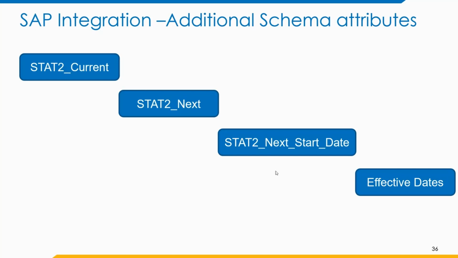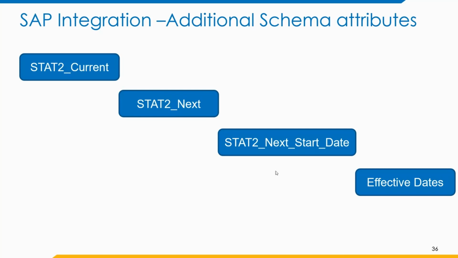The state to current attribute specifies the current status of the employee, that is active or inactive. The state to next attribute specifies the future employee status. For example, based on the action type, it shows whether the user will be active or inactive in the future. Another attribute is state to next start date.